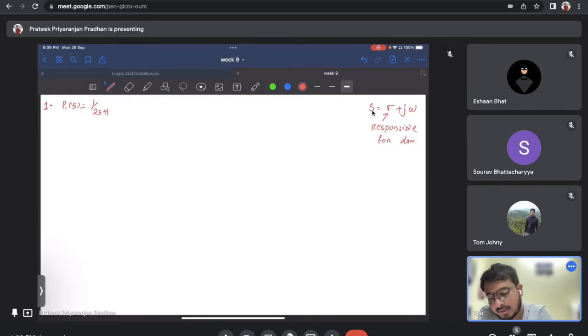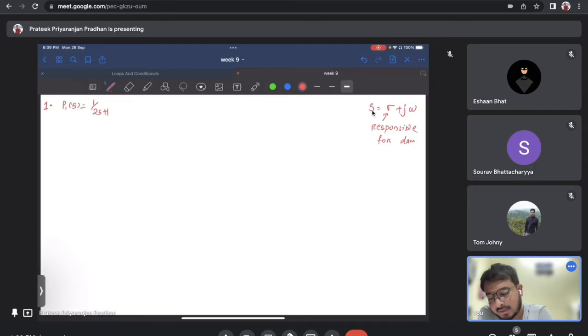If this is the real axis and this is the imaginary axis, then 2j omega plus 1 has 1 on the real axis and 2 omega on the imaginary axis. So this is a vector, the point where 2j omega plus 1 lies. The magnitude will simply be the root of x squared plus y squared.